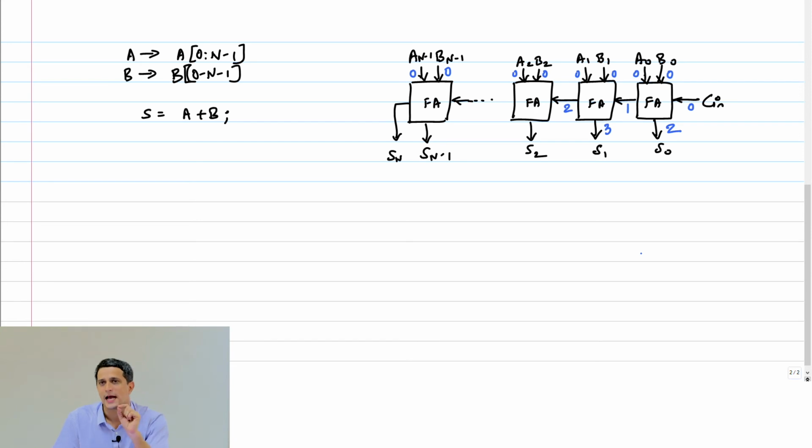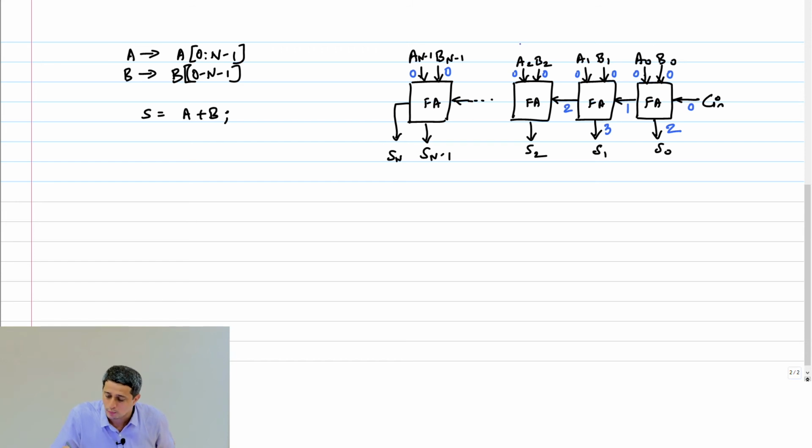So this carry has to propagate from the 0th bit to the nth bit in order for the final result to be ready. While A and B are available at time 0 across all the n bits, this carry bit is more timing critical than the bits A and B in general.